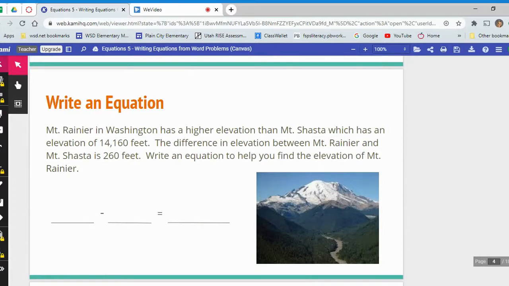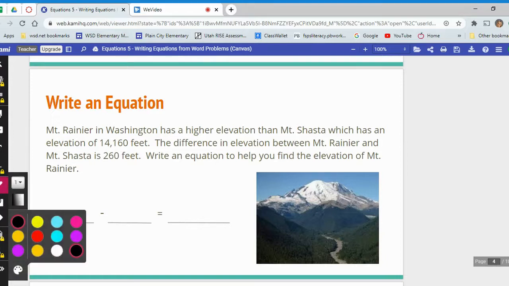Mount Rainier in Washington has a higher elevation than Mount Shasta, which has an elevation of 14,160 feet. The difference in elevation between Mount Rainier and Mount Shasta is 260 feet. Write an equation to help you find the elevation of Mount Rainier. So I sometimes like to think of this as drawing a picture.